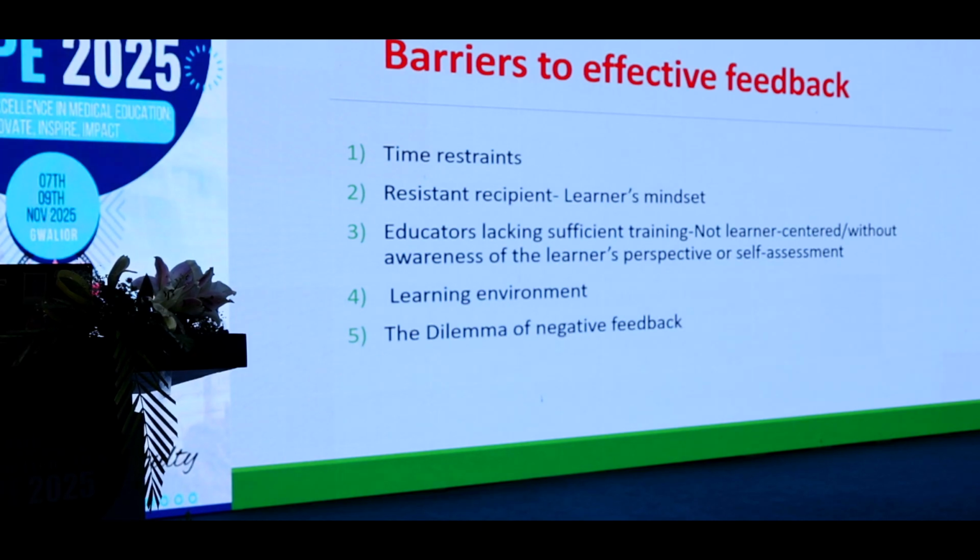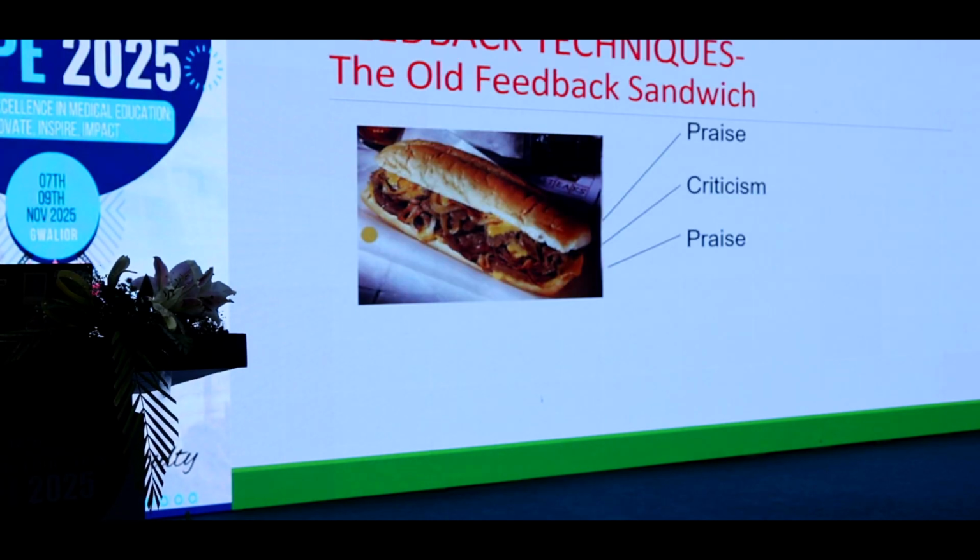Next important point is the dilemma of negative feedback. Most of the educators feel that only positive feedback should be given, but only positive feedback will not address some deficiencies. So in order to address those deficiencies, some kind of constructive feedback should be given, and it should be given in non-judgmental language.